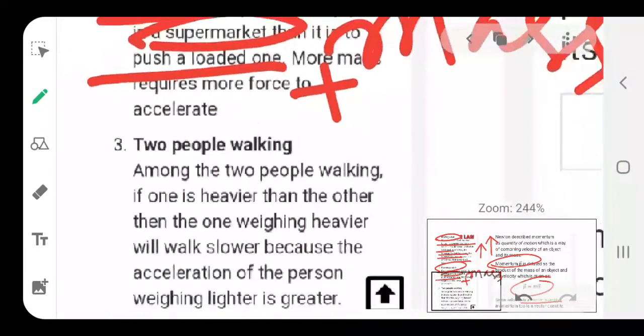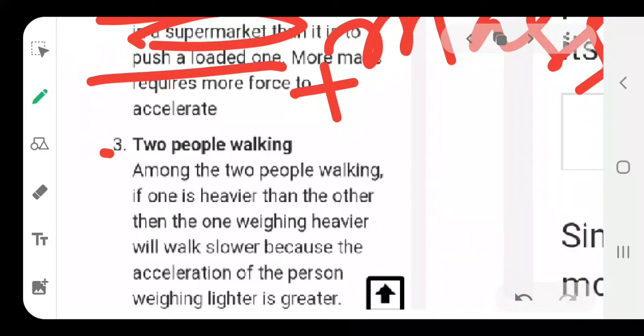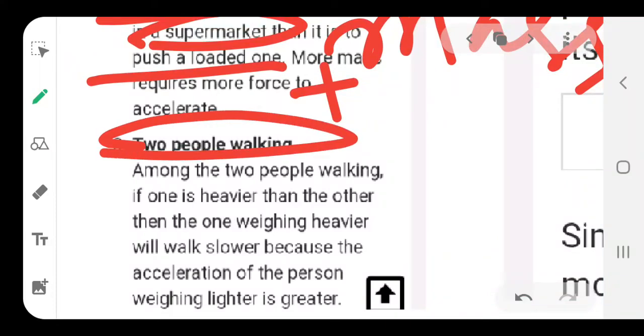You might have observed it when two people go for a walk. Say among the two people walking, one is heavier than the other. The heavier one walks a bit slower, because the acceleration of the lighter person is greater than the other one.